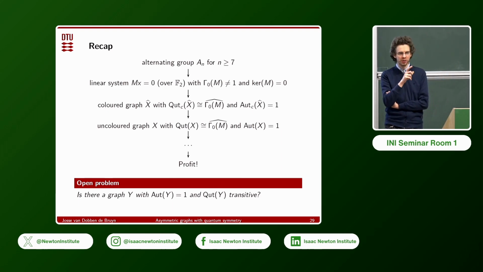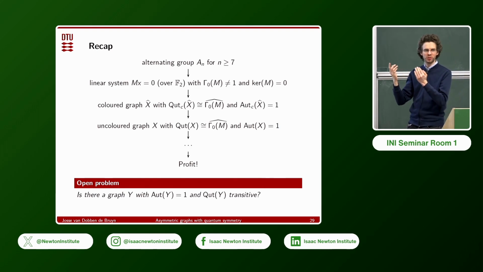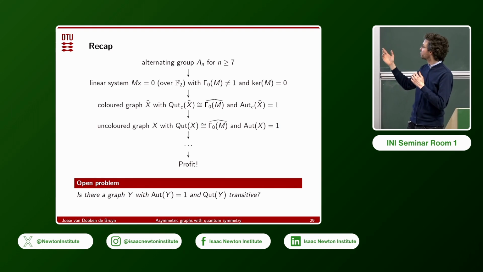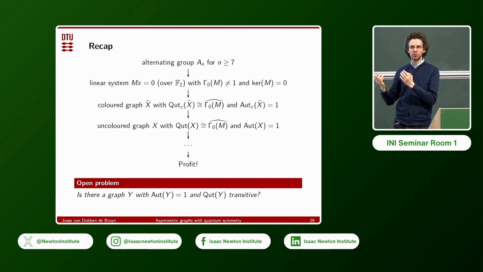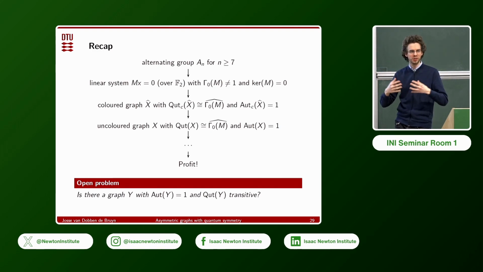Maybe one thing I should mention is that our decoloring now, we can also decolor in such a way that not only the quantum automorphism group is preserved, but also this quantum isomorphism algebra between two graphs. So you can decolor all graphs in a uniform way so that the quantum isomorphism algebras stay isomorphic. So that's kind of nice.